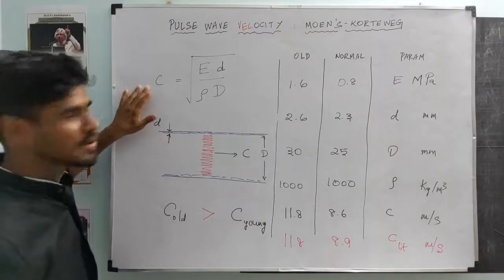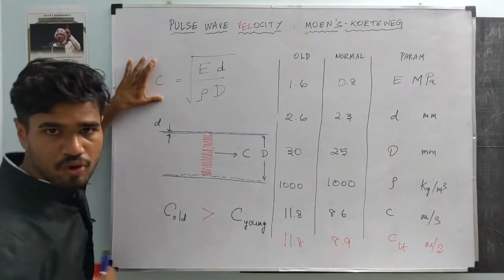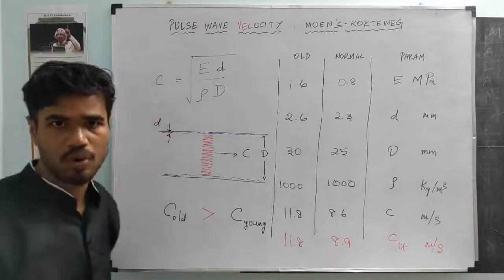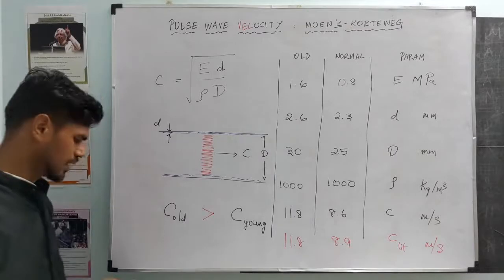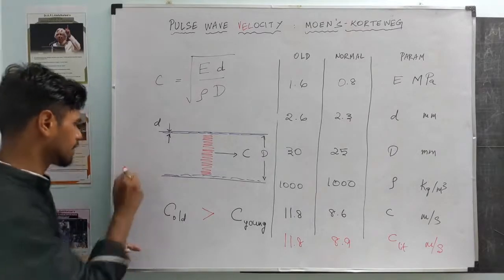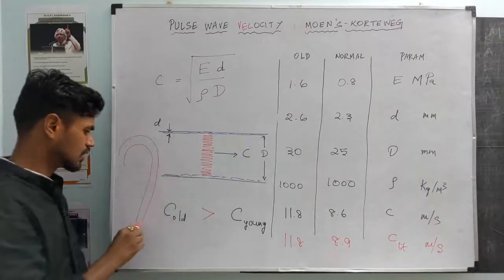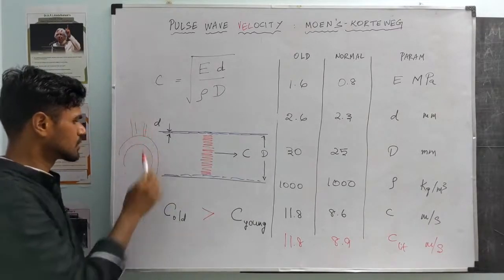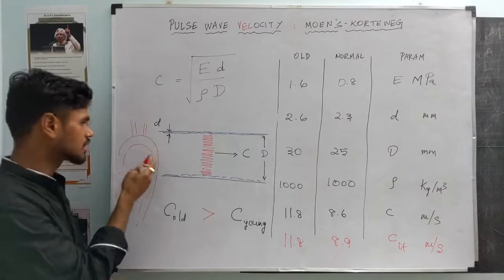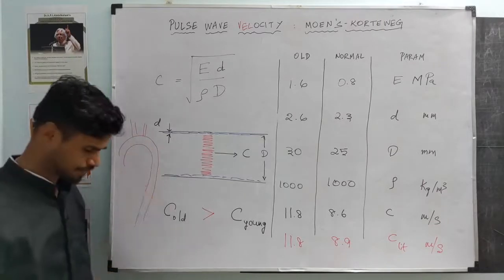A couple of things. This is an approximate formula and it does have limitations. One of the major limitations is that we know the largest blood vessel, the aorta, is not a straight tube. It's curved, right? So there are wave reflections within the blood vessels.